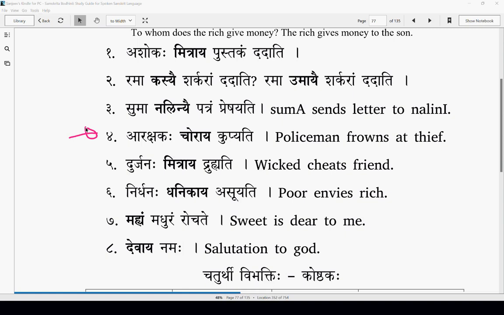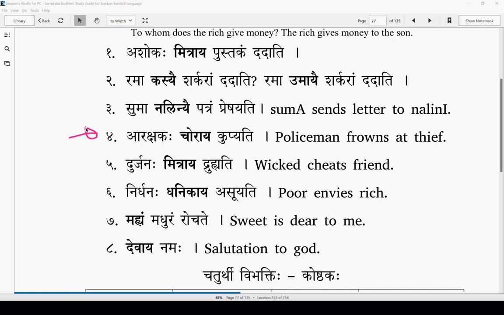Uttam. So next one is Durjanaha Mitraya Drushyati. Drushyati, also in the Namapada form you might have heard, like Droha. Droha means cheating. If you want to use that in the Kriyapada form, verb form, present tense, Drushyati.